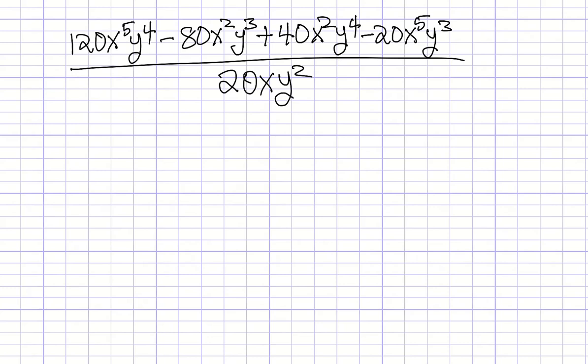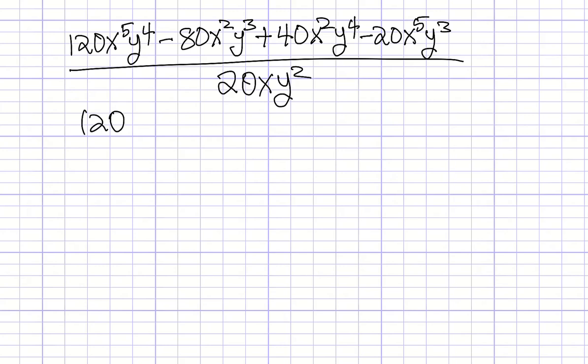We'll say 120x raised to the power 5 y raised to the power 4 over 20xy. You got 2 variables on top, 2 variables on bottom, so naturally things will cancel out.